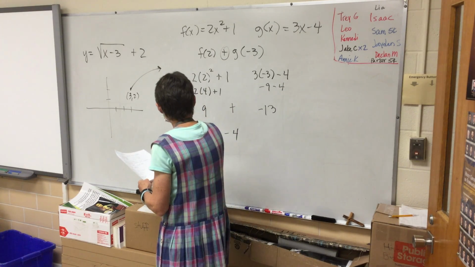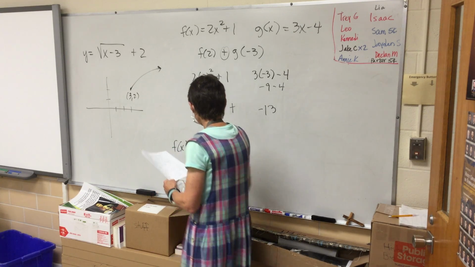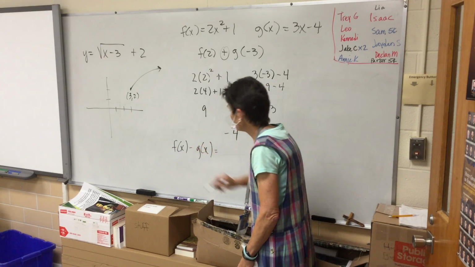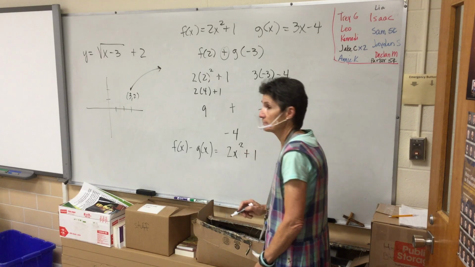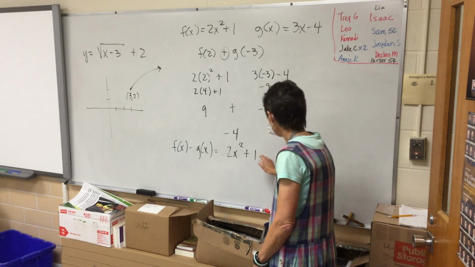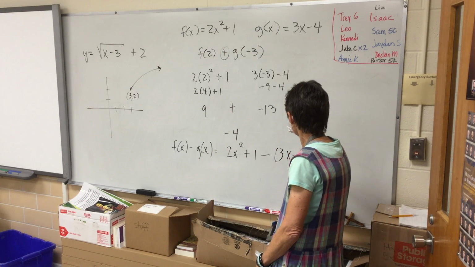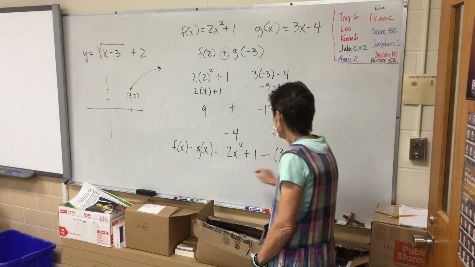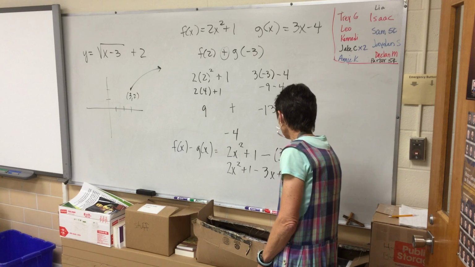All right, B says, what's f of x minus g of x? Please don't overcomplicate this. What's f of x? 2x squared plus 1. And we're subtracting g of x. So we have 2x squared plus 1 minus 3x plus 4.